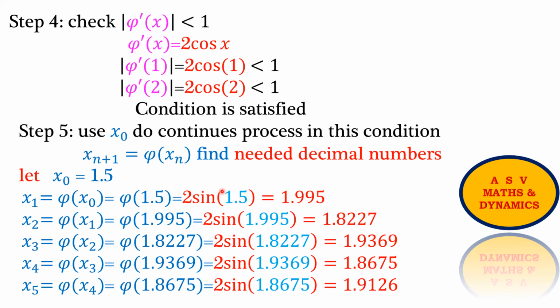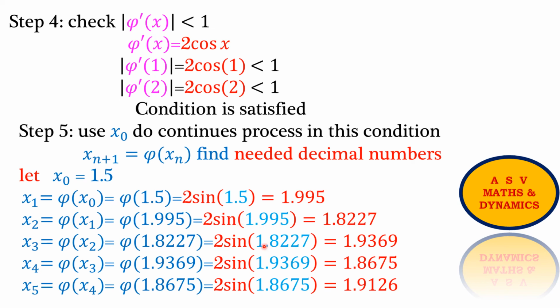Make the equation in the calculator, substitute the 1.5 value, and you get the value. This is x1. Next, if you need x2, it means phi of x1. Instead of x you apply the x1 value, calculate in the calculator, and you get the value.